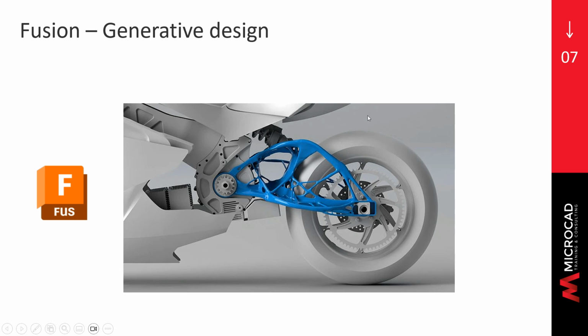Okay, how do I do that? There might be a million ways to do that, but the most efficient one, that's what we want to search for. We want to find options on how to get from here to there, and Autodesk Fusion is going to do that. Okay, so that's generative design at work.